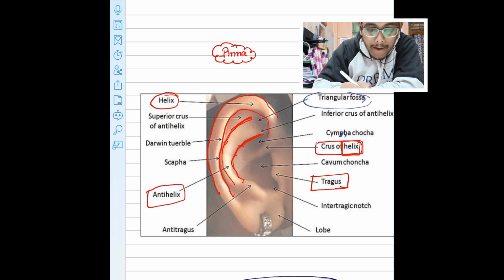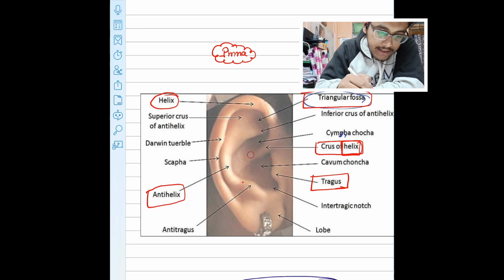Between these two there is a triangular fossa. So by now we know what is the helix, tragus, antihelix, and triangular fossa.